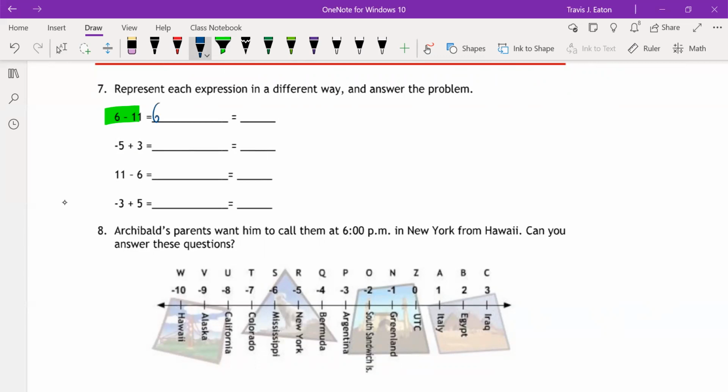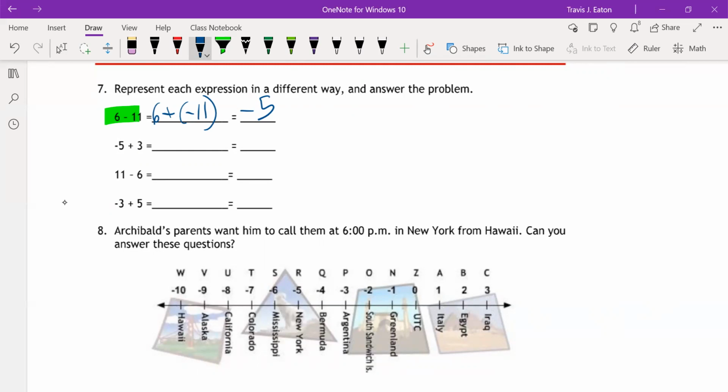So I'll keep that first number the same, 6. Subtraction becomes addition. And what's the opposite of 11? Well, it's negative 11. And 6 plus negative 11 is negative 5. Because you're starting at 6 on the number line, moving to the left 11 spaces, and you will end up at negative 5.